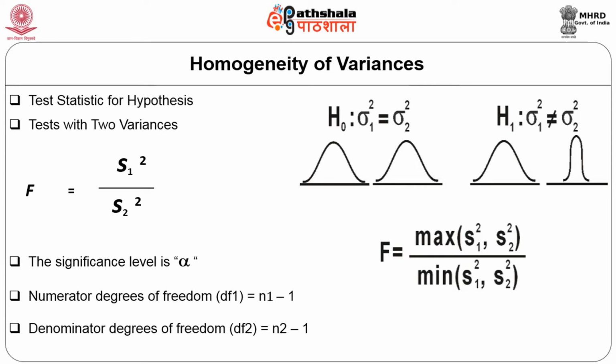If this F test is significant, that means both the variations are significantly different, then you cannot use the t-test. Instead, either you transform the data or you go for a non-parametric test. If your F test is not significant, that means the null hypothesis is true and the two distributions appear to be the same. Therefore, you can use the t-test, where we can say that both the variations are the same.